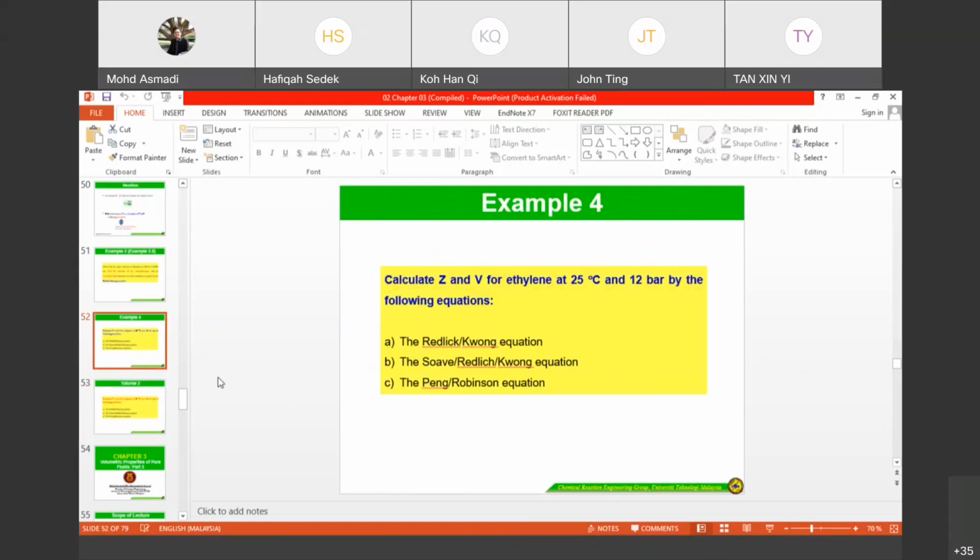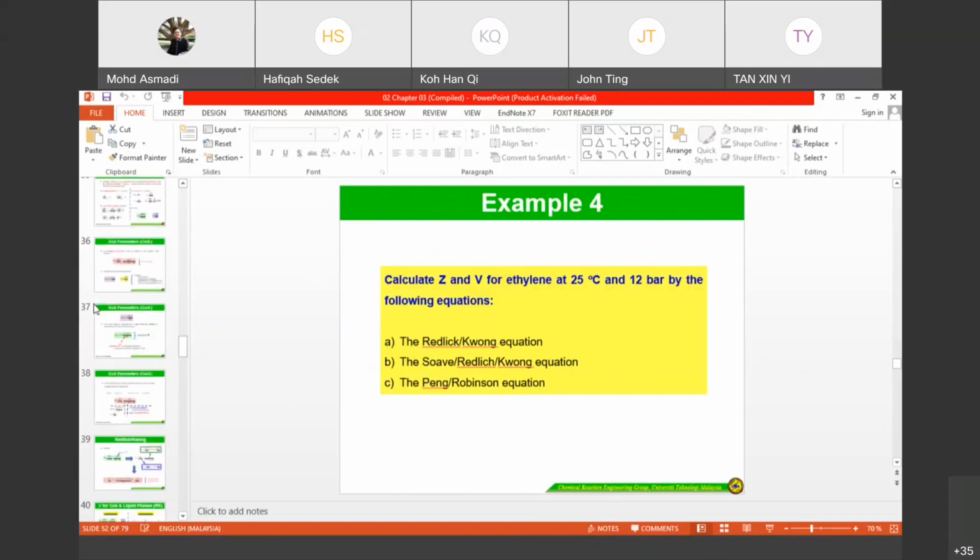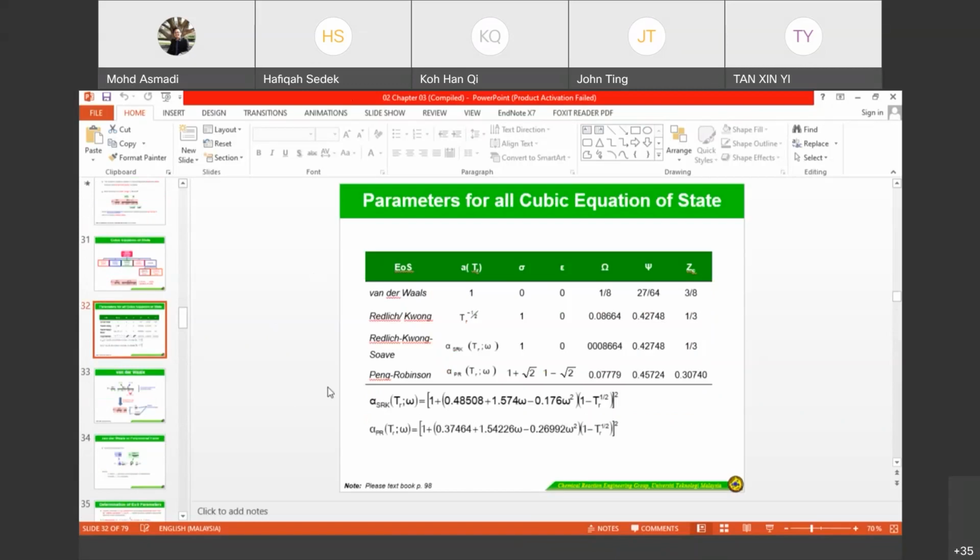So just refer to the previous table. Only what you have to replace is the value of these two parameters with this one.